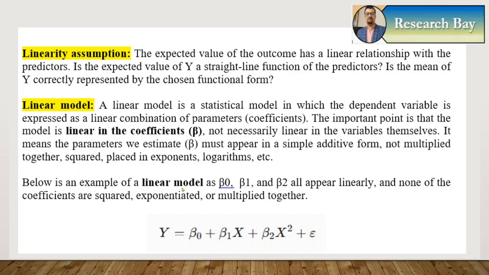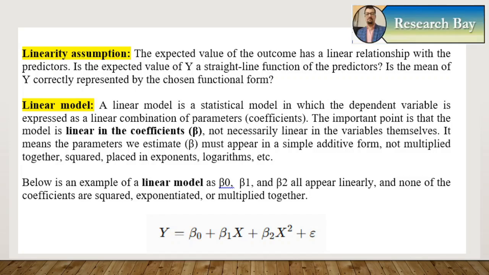Herein you have an example of a linear model. Some people will say that it will give a curved line as it is a quadratic regression model. It is a type of polynomial regression model because this independent variable x is squared. It is geometrically non-linear because of the quadratic term x square, which creates a curved parabola when plotted.